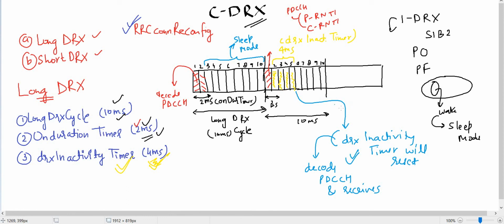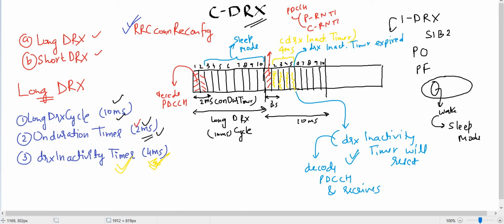The DRX inactivity timer will reset, and before its expiration the UE will decode the PDCCH and receive the incoming data. Let's say in our case, at the fifth subframe, the DRX inactivity timer got expired.